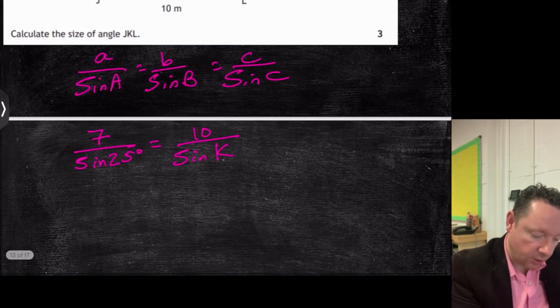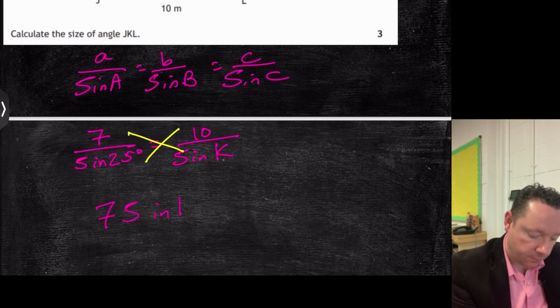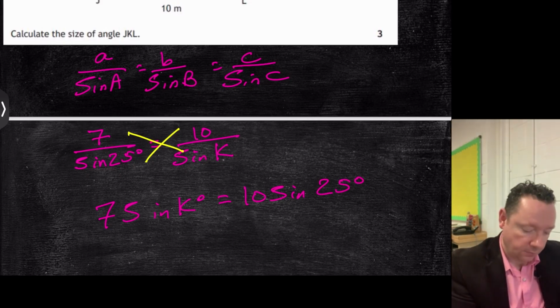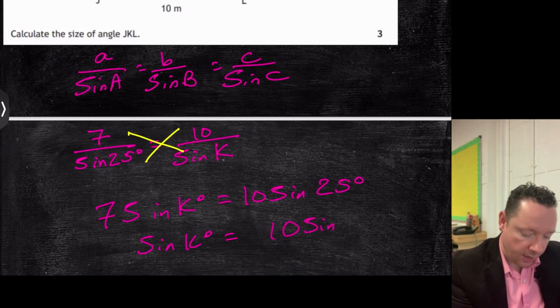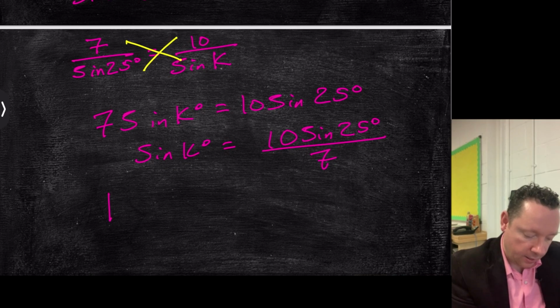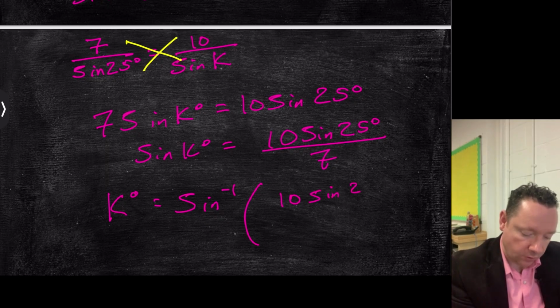So then rearranging that, top times bottom equals top times bottom. So we've got 7 sine K equals 10 sine 25. So we divide through by 7. Sine K is equal to 10 sine 25 over 7, which means that K is equal to the inverse sine of all of that, 10 sine 25 over 7.